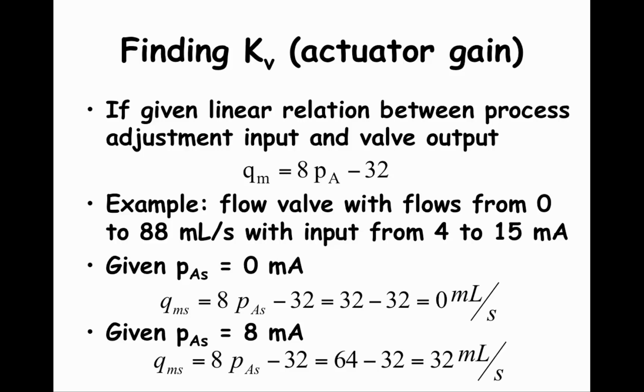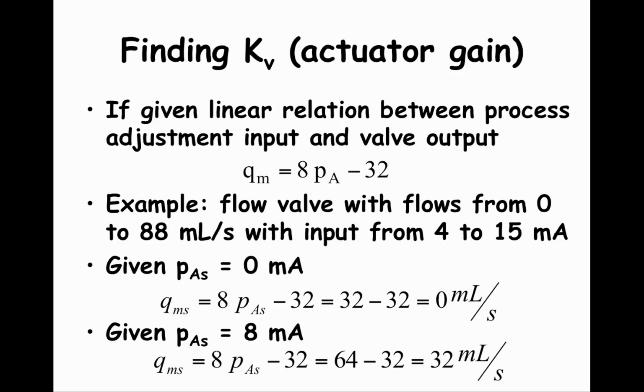For our first example, let's assume that we have a valve described by the linear equation given. The expression given is Qm equals 8 times Pa minus 32. In this example, this is used to express the case that the valve flow goes from 0 to 88 milliliters per second as the input signal goes from 4 to 15 milliamps.